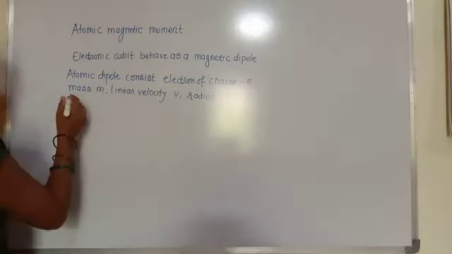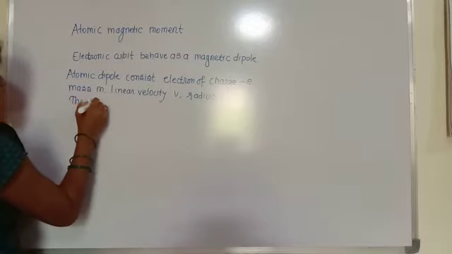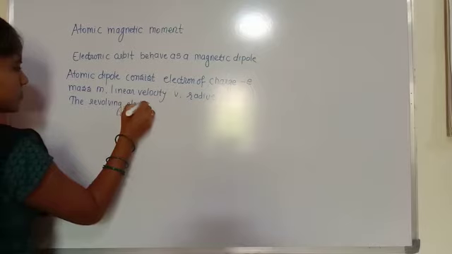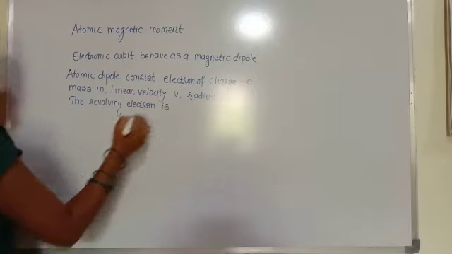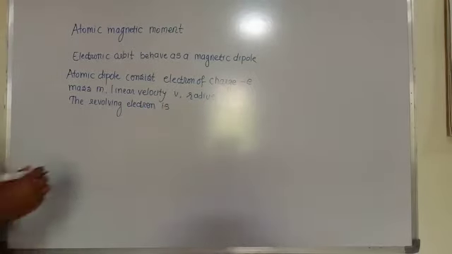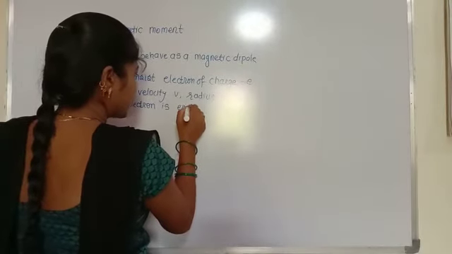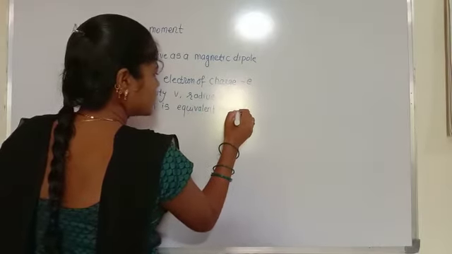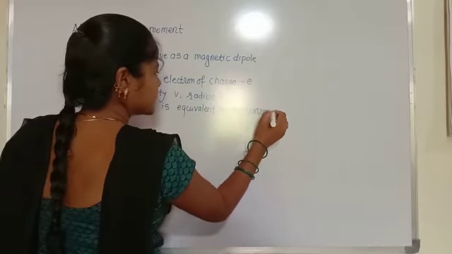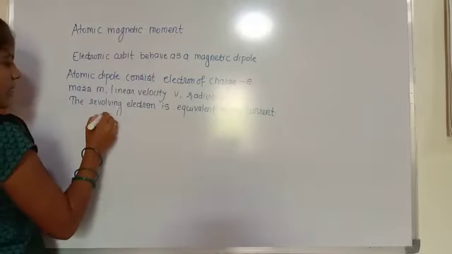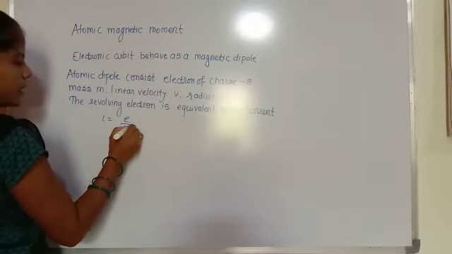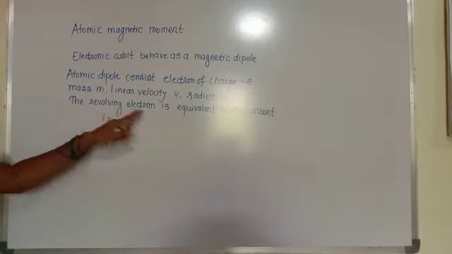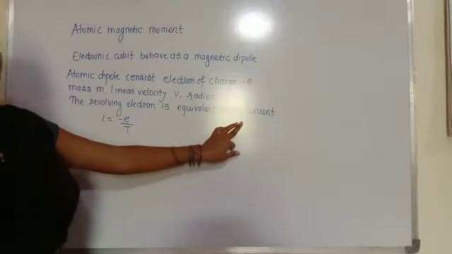The revolving electron is equivalent to a current, and this current I is equal to e by T. Where the electron revolves in the anti-clockwise direction, the current is in the clockwise direction.